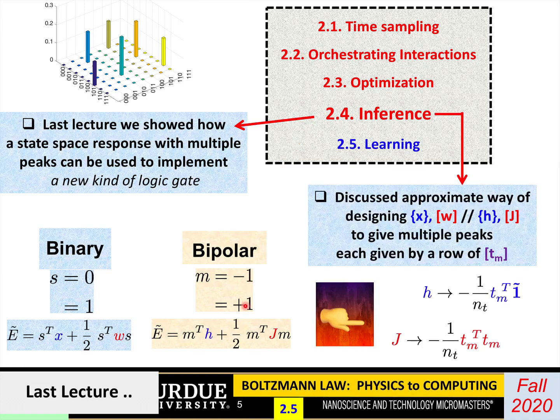And we also described an approximate way of designing your H and J to get a particular desired response with multiple peaks. And that was the recipe we put down here. As I mentioned, this is an approximate method, so we won't really be discussing it much.